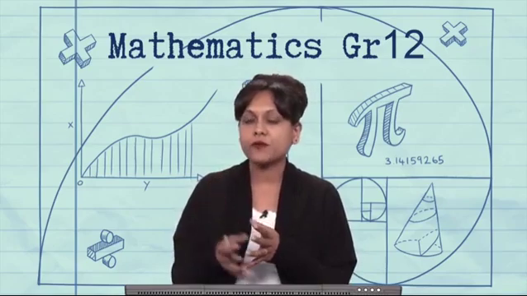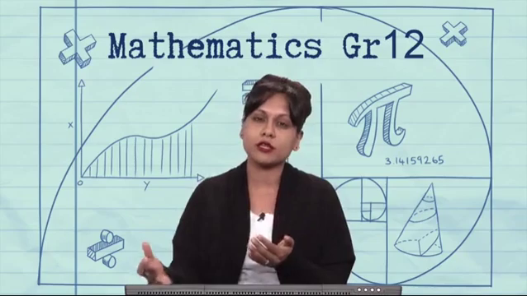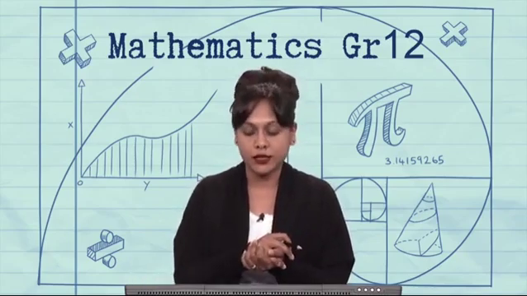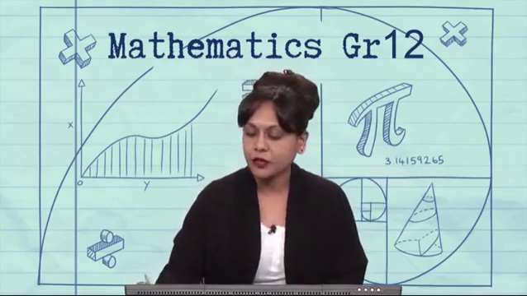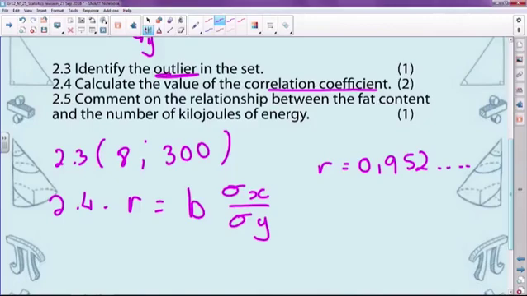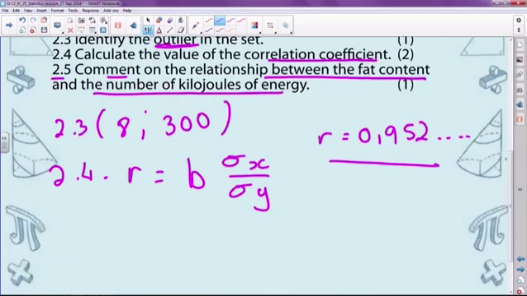So when you see questions for 1 or 2 marks, chances are the quickest way to do it is by using your calculator. Now we've answered part 2.4, calculate the value of the correlation coefficient. We've got that R is equal to 0,952.